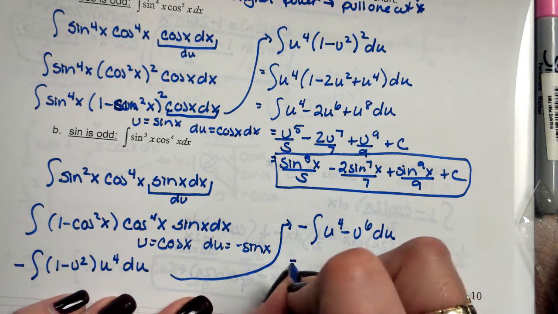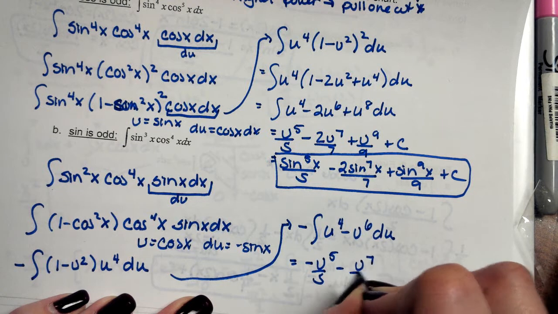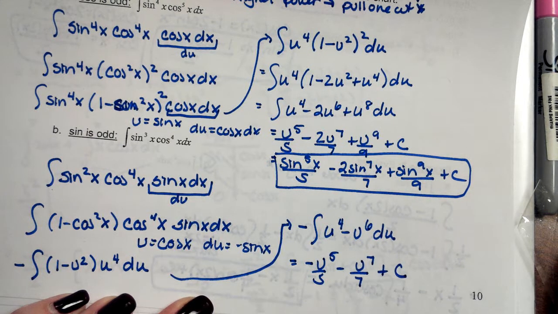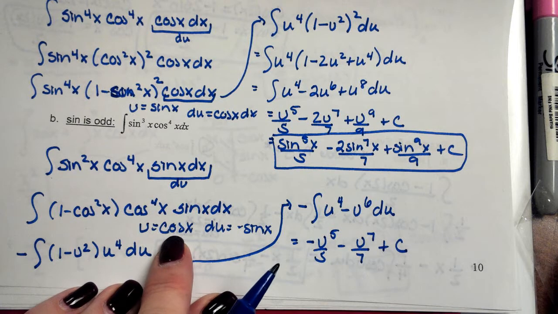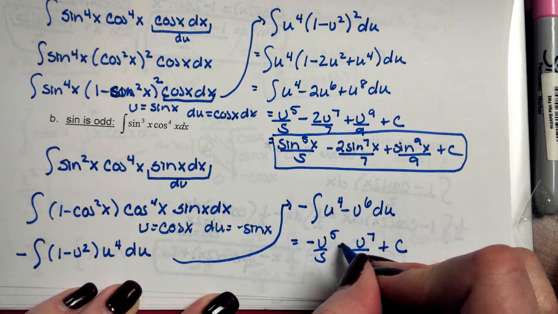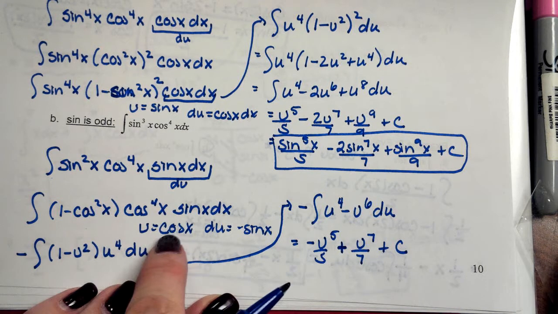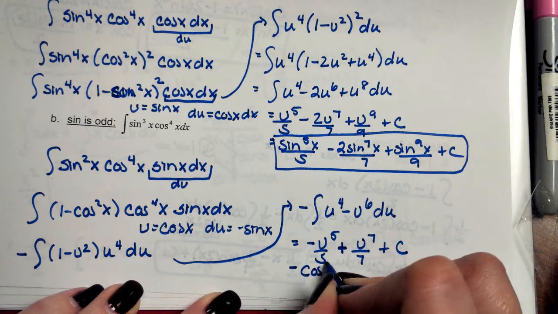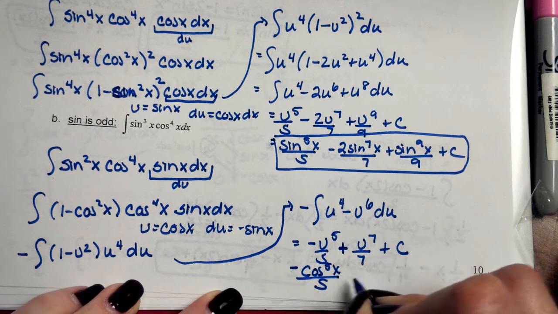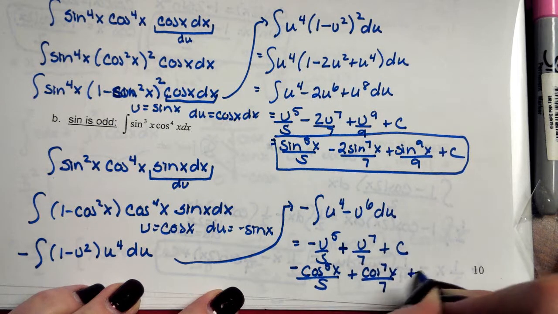So when I integrate, I end up with negative u to the fifth over 5 minus u to the 7th over 7 plus c. But it should be a plus because I have a minus a negative. So now I need to bring my cosine back in and substitute in for u. So I have negative cosine to the 5th x over 5 plus cosine to the 7th x over 7 plus c.